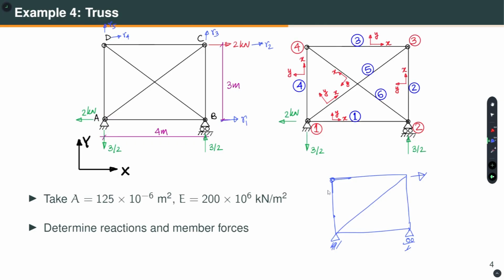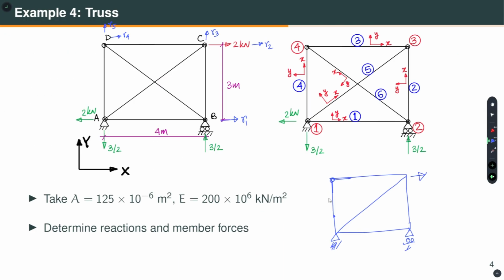So, what should happen? There cannot be any force, right, because summation Fx equal to 0, summation Fy equal to 0 must be satisfied. Even if the angle is not 90 degrees and there is no load, then what should happen? If two members are meeting at a joint, and there are no loads, then they must be zero force members, and that is what we get here. Okay. Now, let me do one thing.